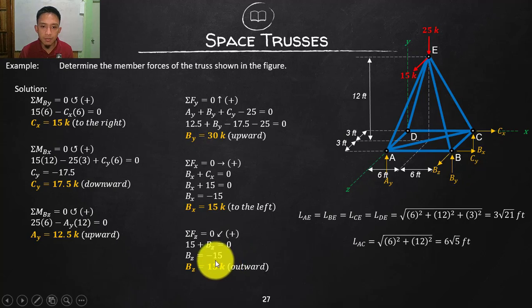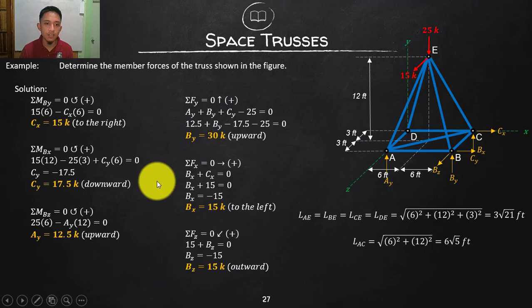So now, substitute your 15. 15 is already there. So transpose that is a negative, so that means it is the opposite. So instead of inward, that should be outward. That is going away from us. So now, these are the reactions.